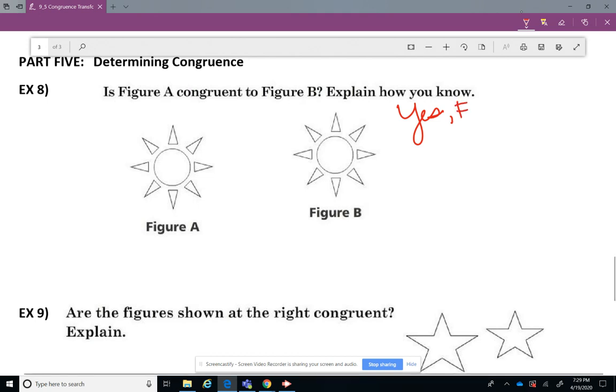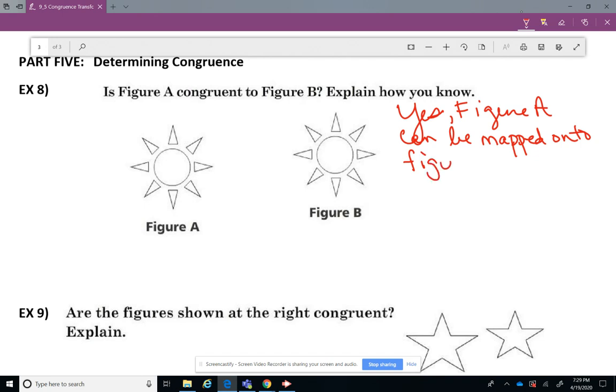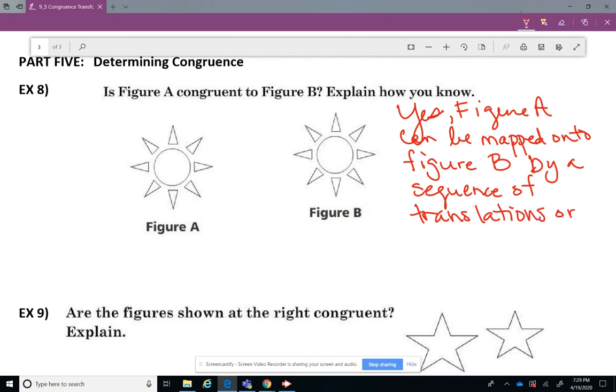So we're going to say figure A can be mapped onto figure B by a sequence of transformations.